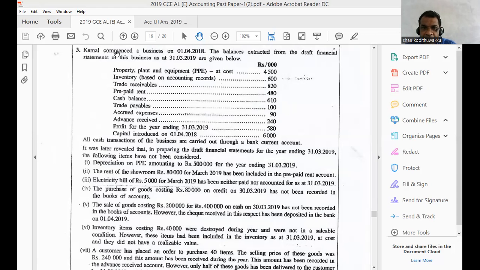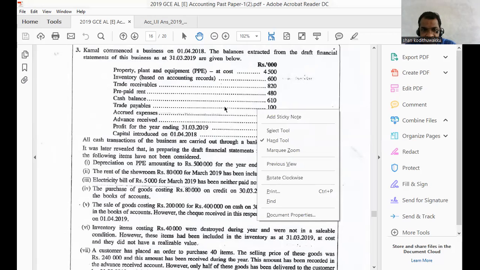Right, here Kamal commenced a business on 1st April 2018. The balances extracted from the draft financial statement of this business as at 31st March 2019 are given below. Here you are given ledger account balances after 12 months of period.